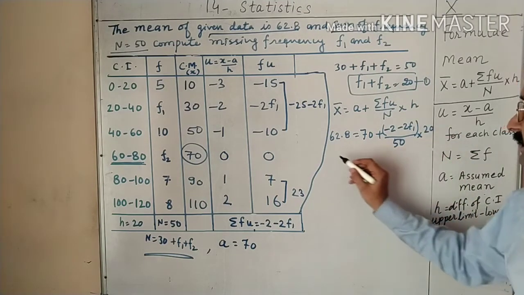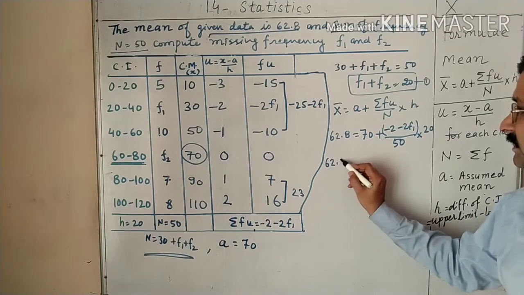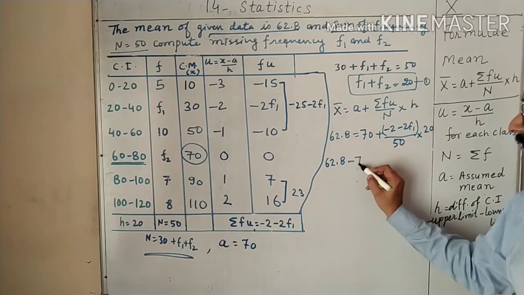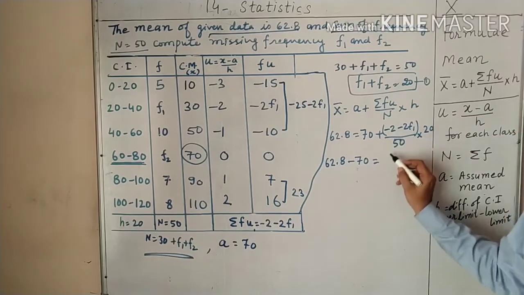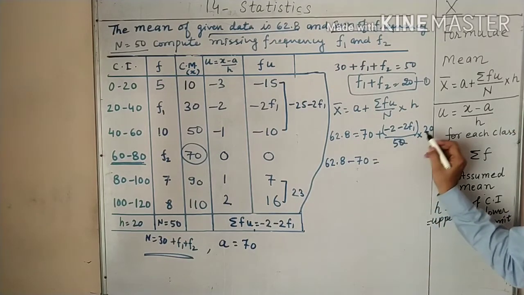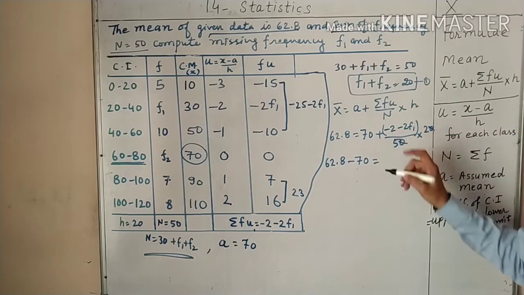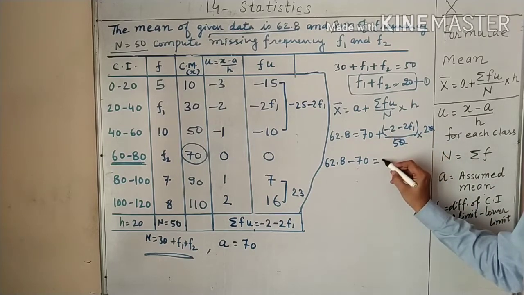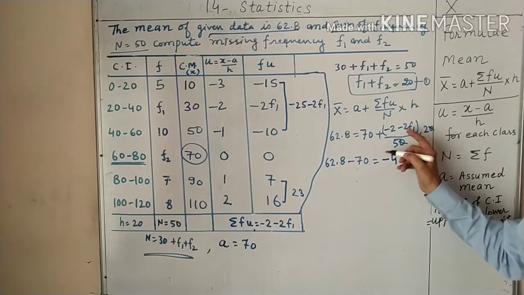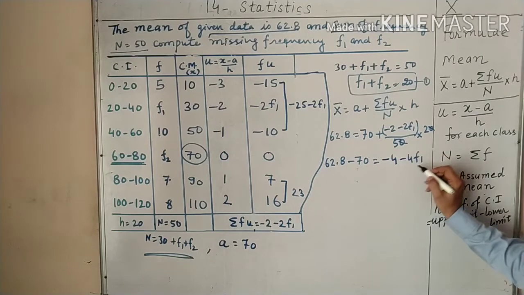Look here how we can solve it. 62.8, this 70 we transfer, so we write minus 70. You can cancel the 0 and 0 and multiply by 2, so you get -4f1 upon 5.